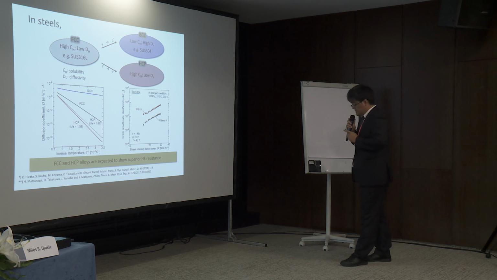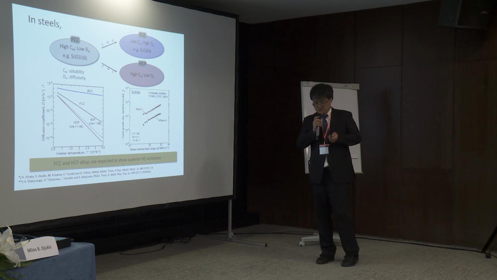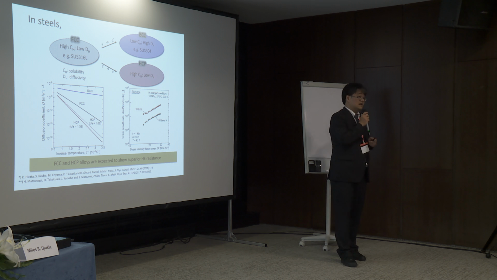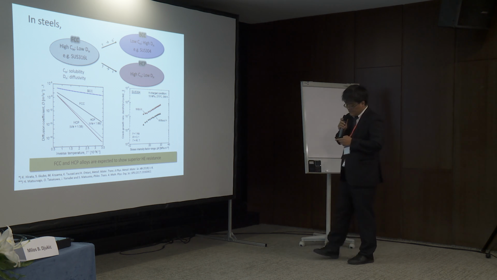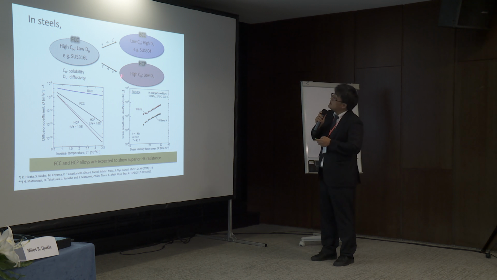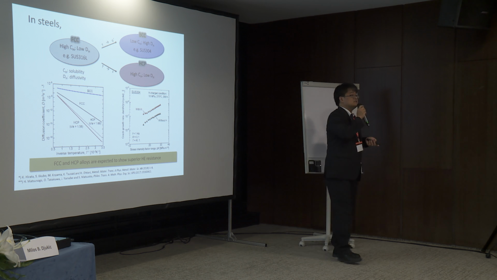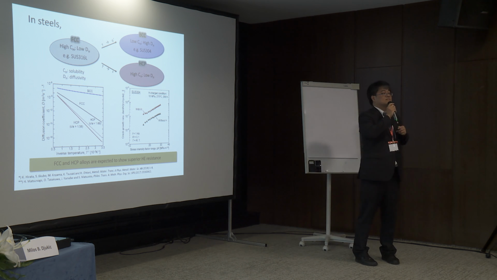Actually, HCP also shows a good elongation, like the TRIP effect. Furthermore, in a hydrogen case, HCP has a good point. That means diffusivity is lower than BCC, even than FCC.